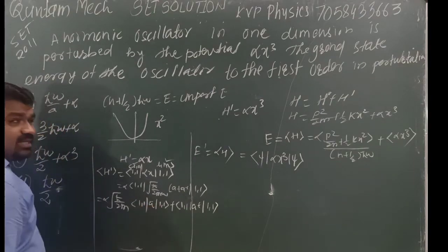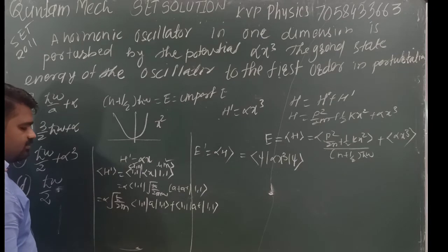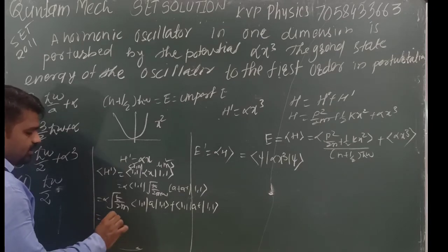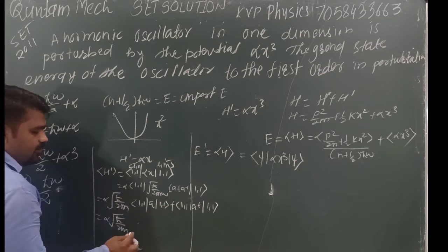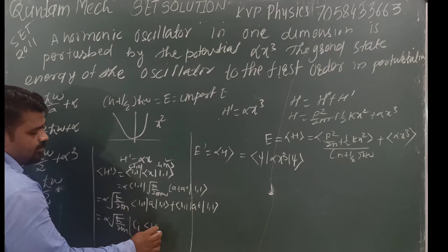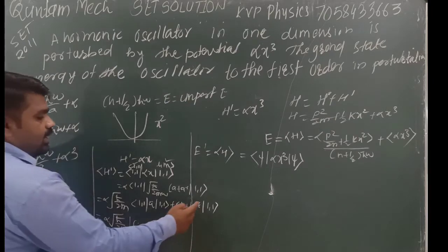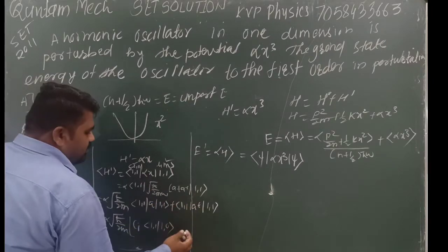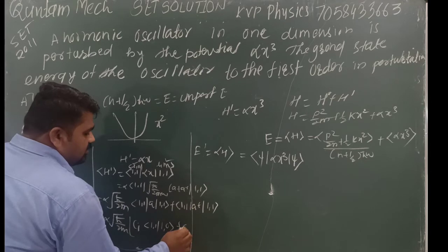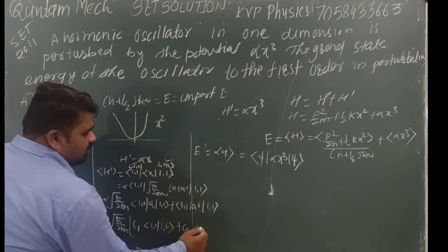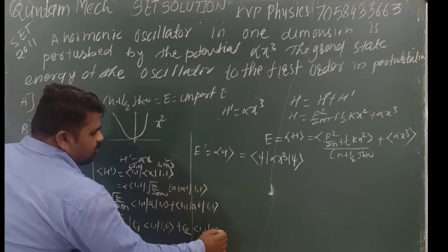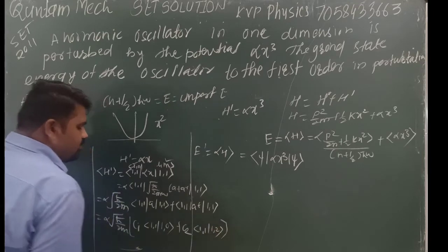A operating on this state decreases the state by 1, so we get alpha times root h cross upon 2m omega and some constant, suppose c1. A operating on 1 comma 1 becomes 1 comma 0. Next, a dagger operating on this state increases the state by 1, so we get some constant c and it becomes 1 comma 2. Yes or no?